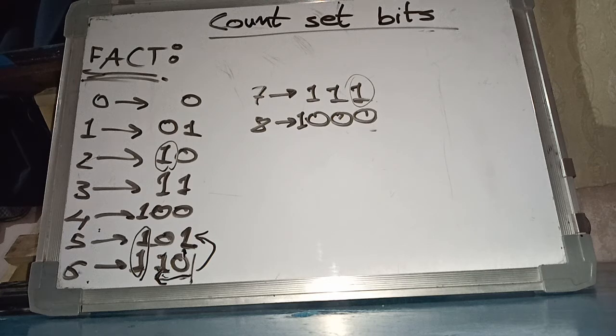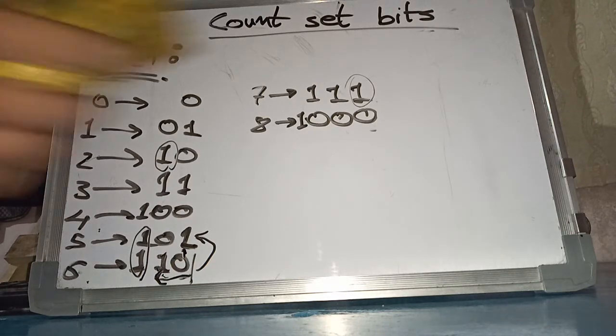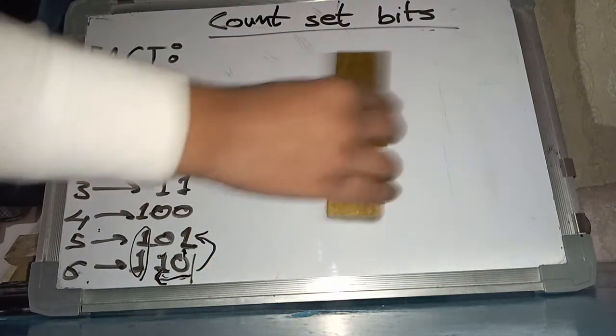So how can we use this fact to solve our problem? How can we use this fact to count the set bits of a number given n? It's quite simple though.